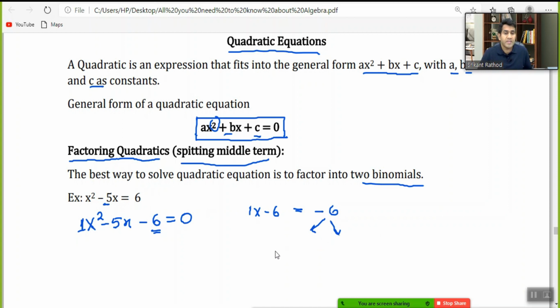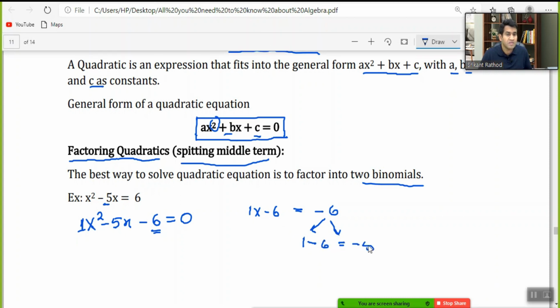So what are the factors of negative 6? 1 times negative 6 gives negative 6, and when you add them, 1 minus 6, it's going to be minus 5. You might be thinking, why am I just taking 1 times negative 6 as the factor, as many factors can be written for this?